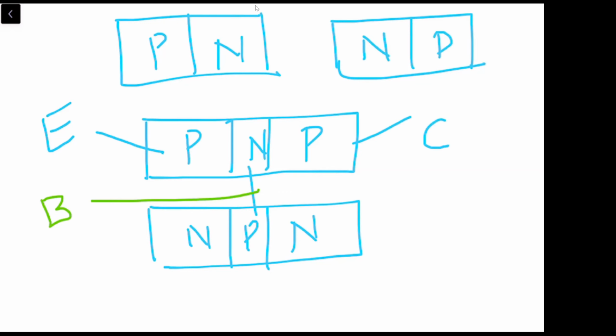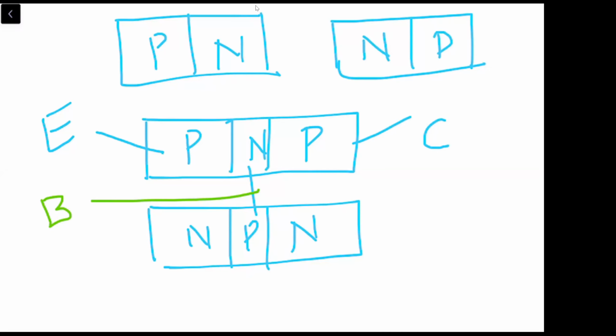The middle one, the base B, is very narrow in size as well as lightly doped. And the one on the side, the collector, is moderately doped, right?